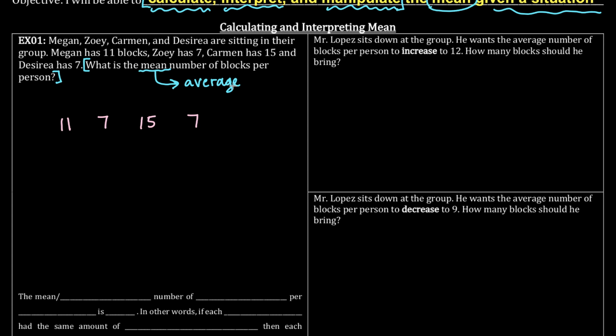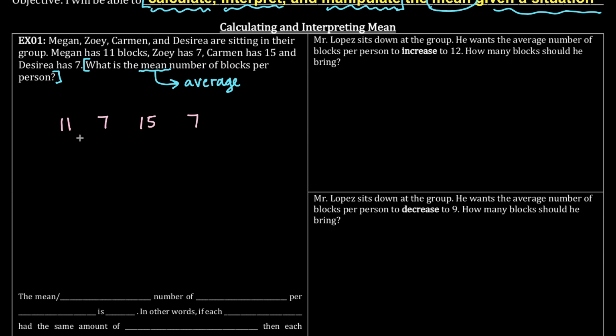The average number is like, if they all had the same amount, how much would they have? If we split these equally among these 4 people, how many would each one get?